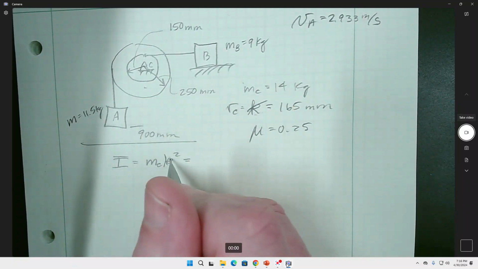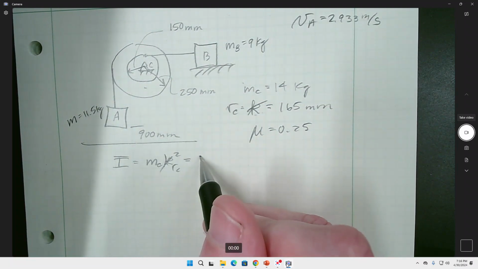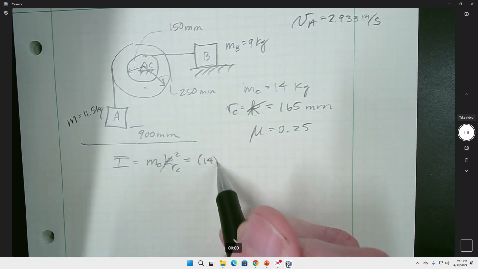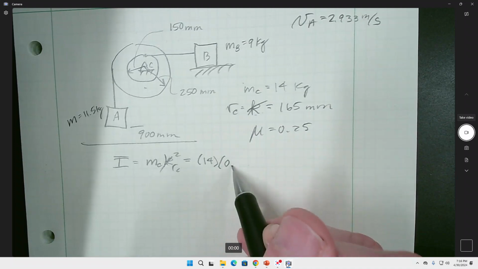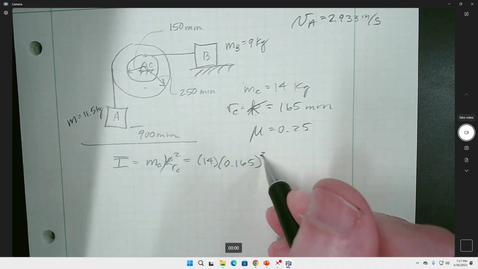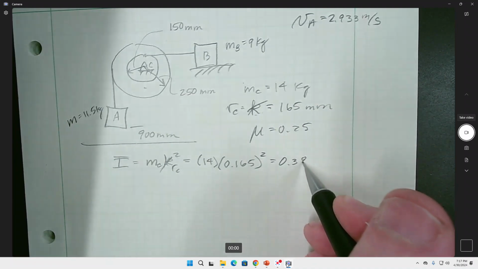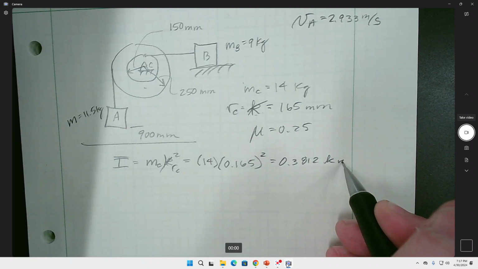It depends on what your professor uses. So we go 14 times 0.165. We don't want to use millimeters in here, because we would like the units to come out to kilogram meter squared.